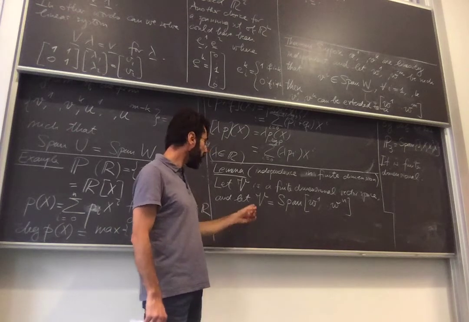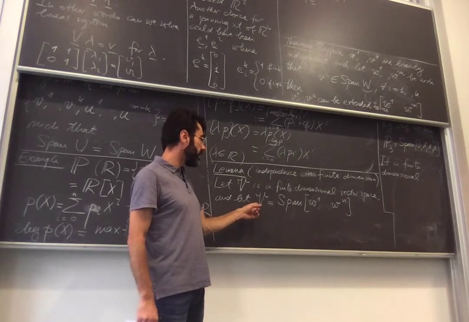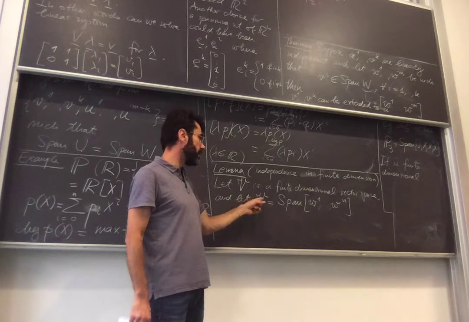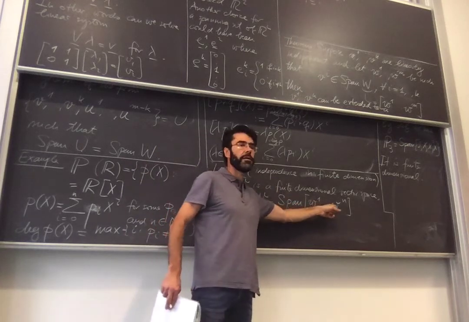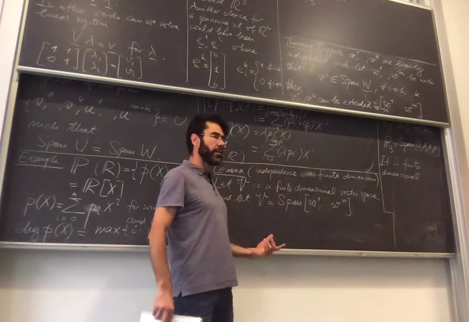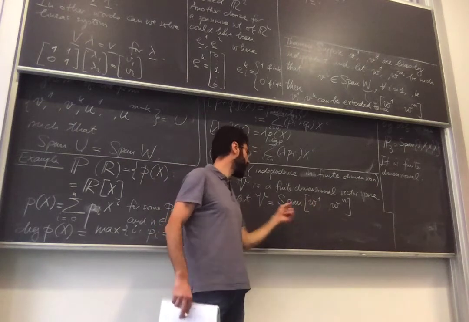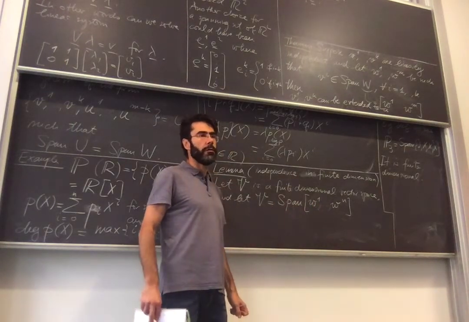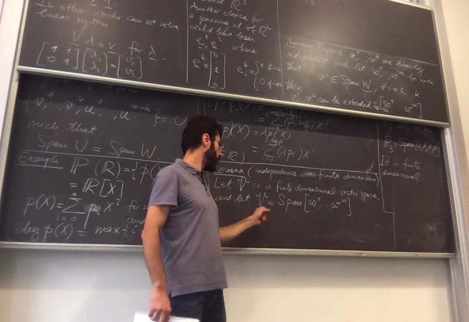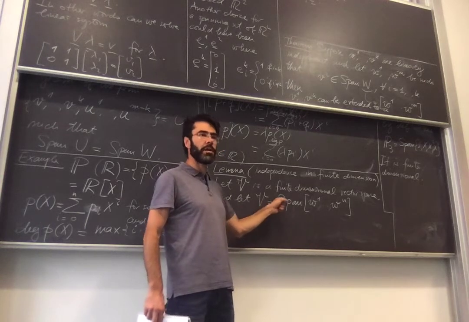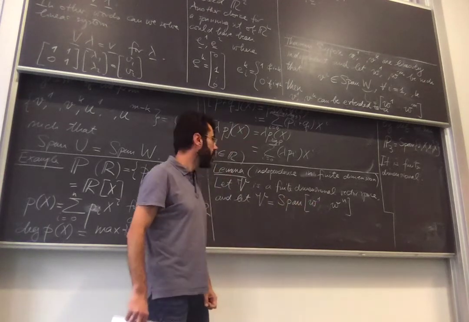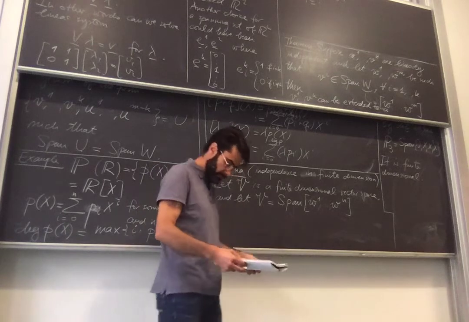So V is finite dimensional, therefore there exists a finite spanning set for the vector space V. So all elements of V can be written as linear combinations of these n vectors.